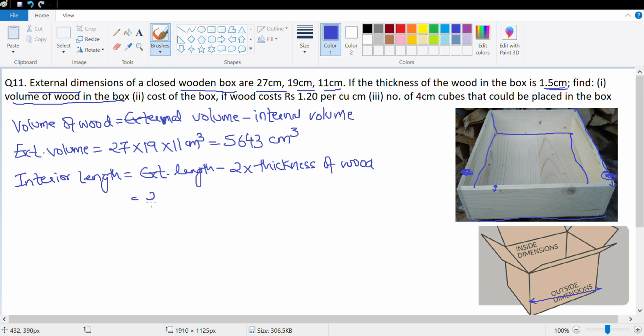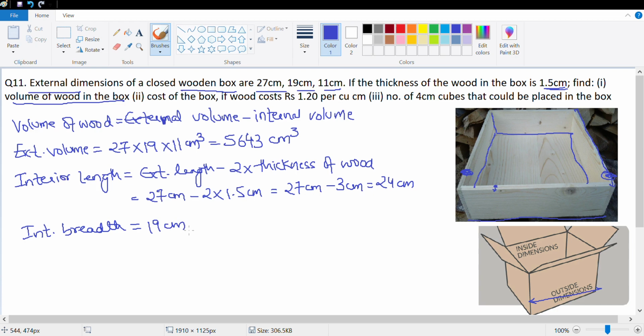So exterior length is 27 centimeter minus 2 into 1.5 centimeter. This is 27 centimeter minus 3 centimeter, which is 24 centimeter. Similarly, interior breadth will be equal to 19 centimeter, which is exterior breadth, minus 2 times the thickness of wood, which is 19 minus 3, which is 16 centimeter.